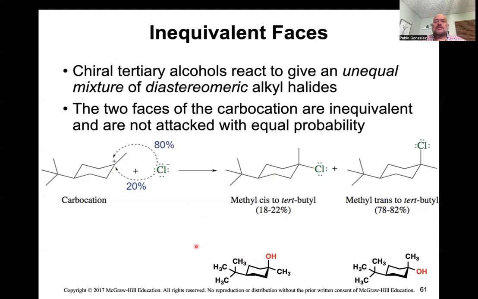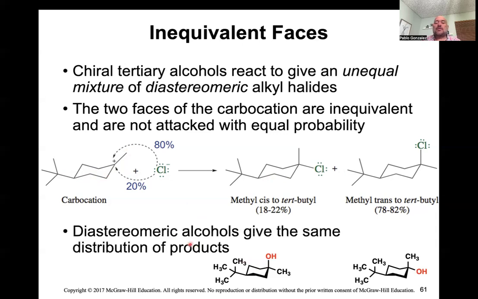Here, two diastereomeric alcohols give the same distribution of products. So in this case they are diastereomers, but if we use this one and make the two possible products, let's say 40 and 60, this one is also going to give me 40 and 60, because of the same thing.